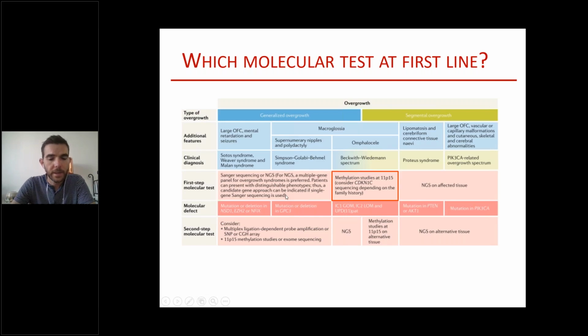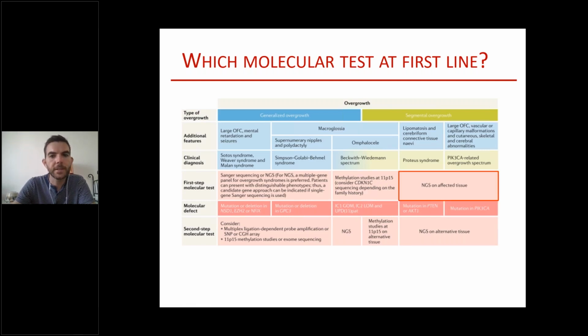And in these cases, we will be able to identify mutations in the different genes that I told you just before. If the clinical diagnosis initially is a Beckwith-Wiedemann spectrum, then it is not necessary to perform sequencing, but you will need to test methylation studies at 11p15 to identify the gain or loss of methylation that are usually described in this disorder.